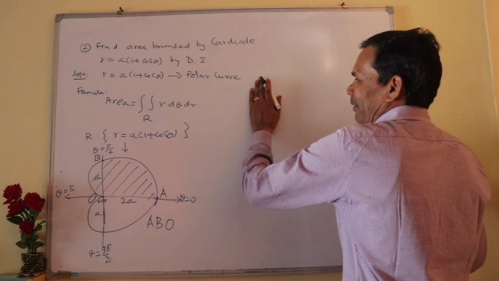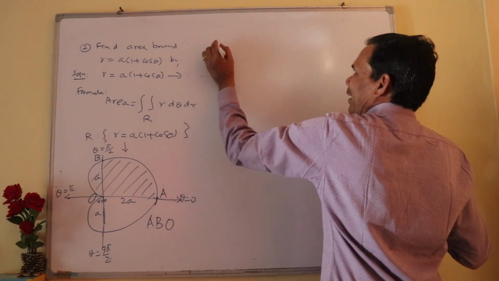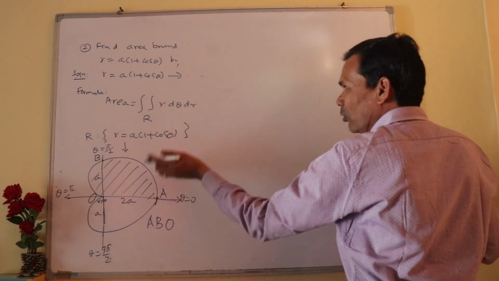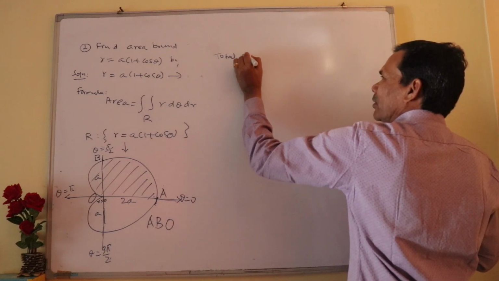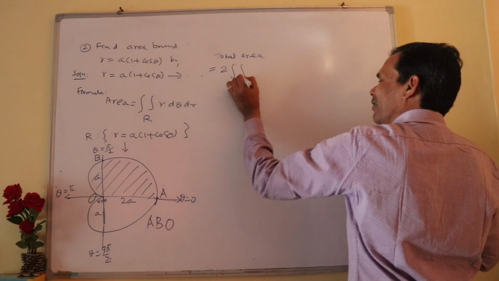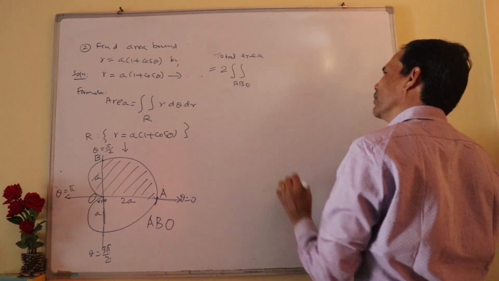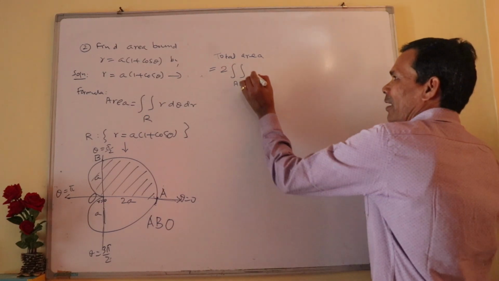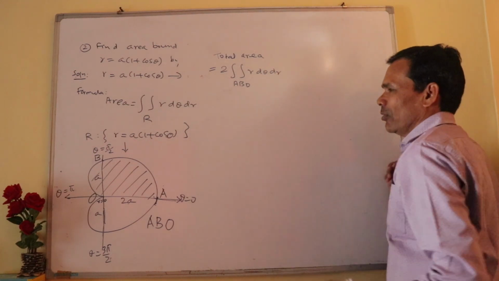So the total area of the cardioid, total area meaning upper and lower half, is equal to 2 times the area of OABO, the upper half, the integral of r dθ dr. I put the limits now.